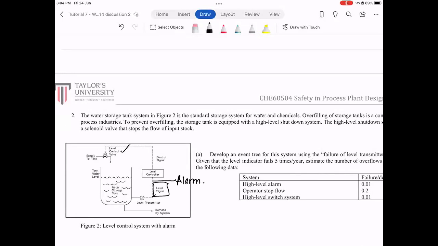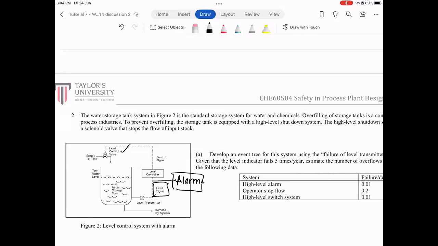So in the event that the switch system doesn't kick in, the alarm rings. So what we can do is the operator may come in and just turn off the valve manually. So we have an automated control system, an automated shutdown system, and also an alarm to call for the operators to shut down the system when the level is too high.